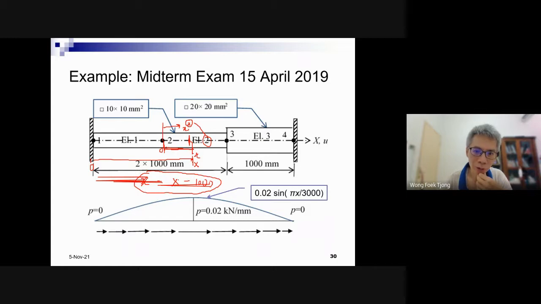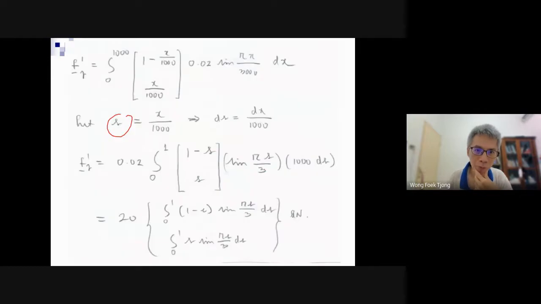To convert, or in other words, capital X is small x plus 1000. So you should convert this formula to small x by plugging this into this. Okay, so here we go.